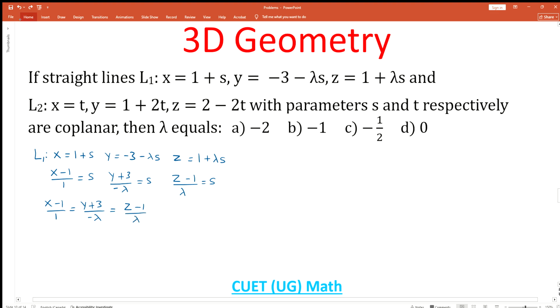Now we can do the same for line L2. We should change the parametric equations into symmetric form. We should isolate t from all three equations. Let's start with the x equation.